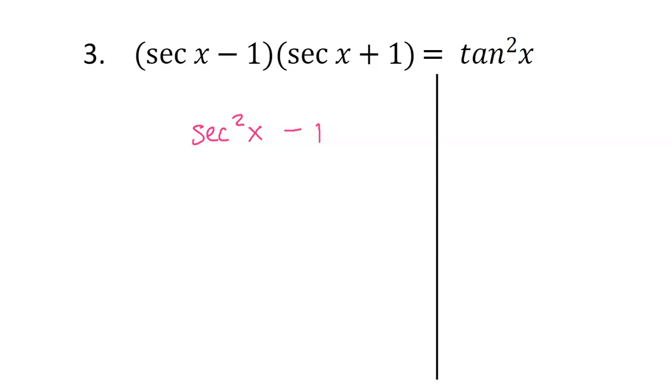Now, yes, you can rewrite secant squared of x in terms of sine and cosine. However, becoming familiar with identities, this should trigger something in your brain.